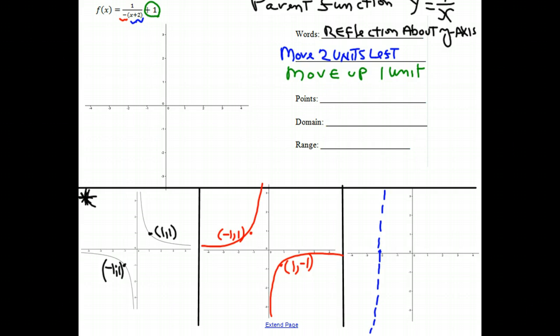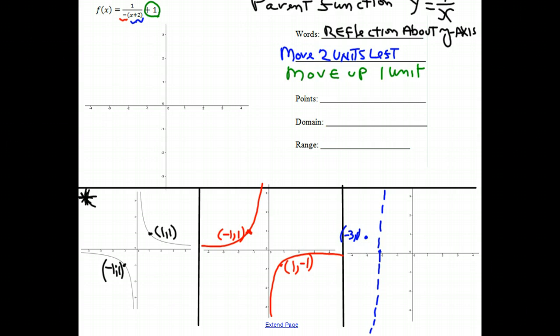And now we want to sketch it. But remember, we have to see where our original points went. Our point at negative 1, 1, if it's moving 2 units to the left, will now be at negative 3, 1. So we'll put it there.